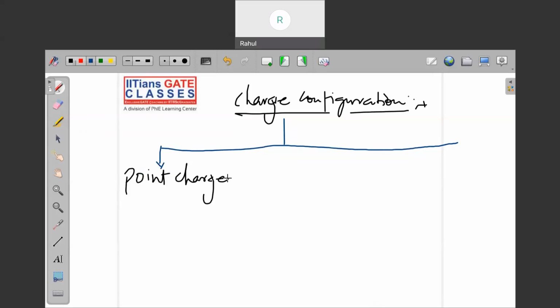A charge confined to a point is known as a point charge. And there will be charge distribution.